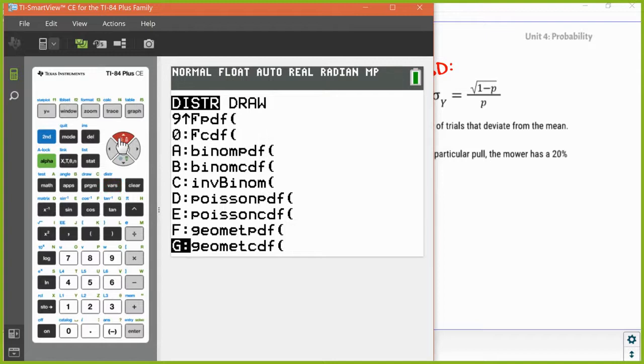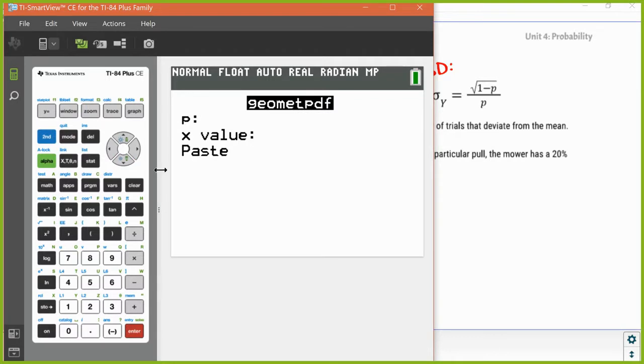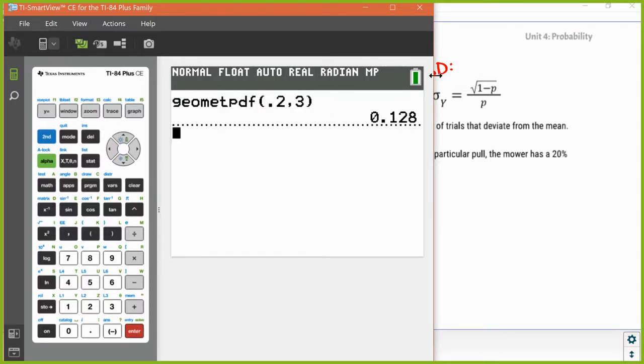This time we are going to go up to F. So geometpdf is for when it's equal to, and I want exactly 3. So my probability of success is 0.2. My X value, which for us is K, what's the success they want, is going to be 3. And then I'm going to hit paste, and I'm going to hit enter, and it's going to tell me 0.128.